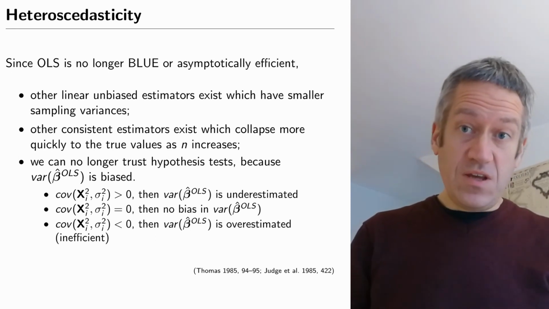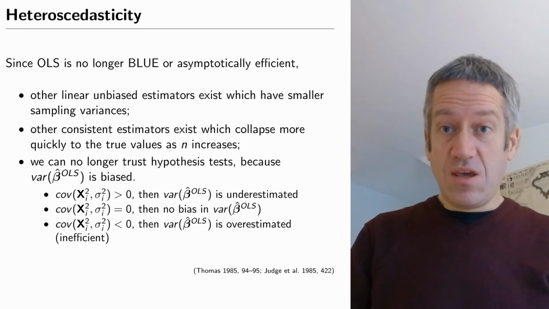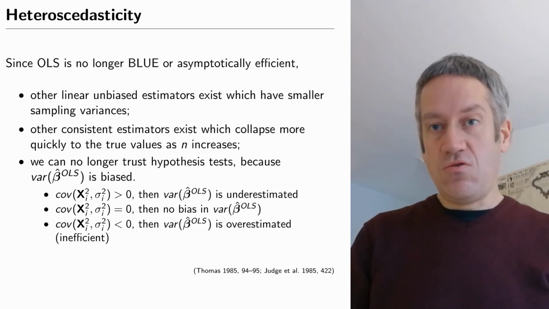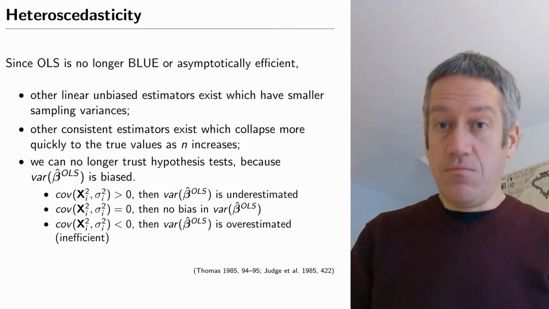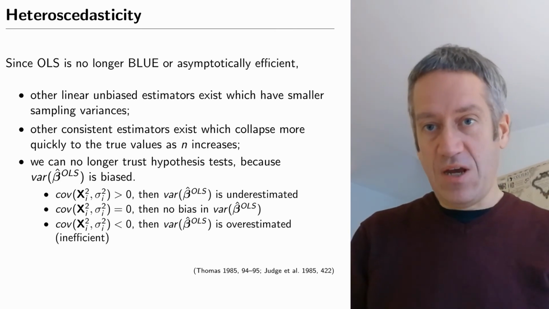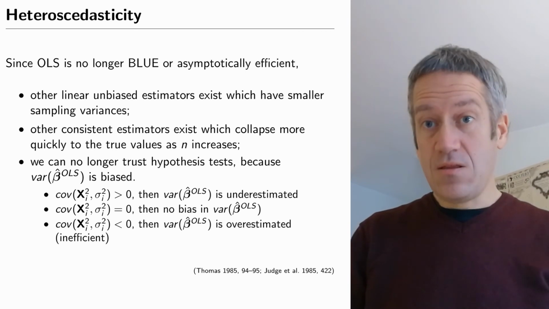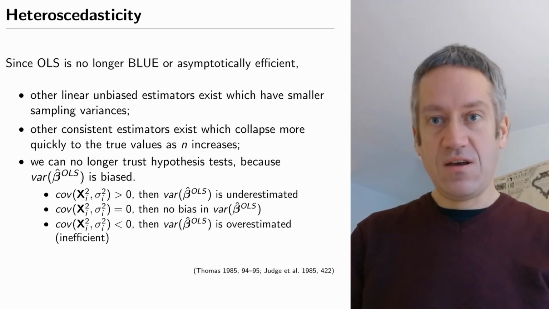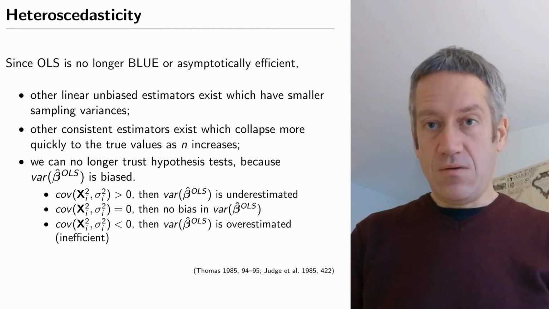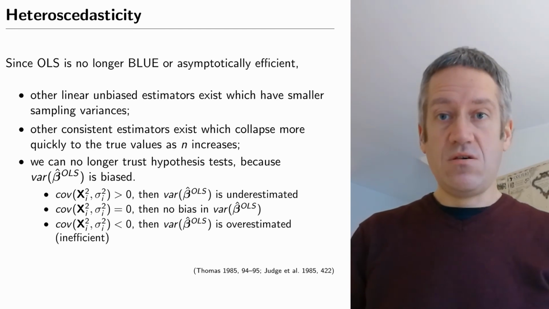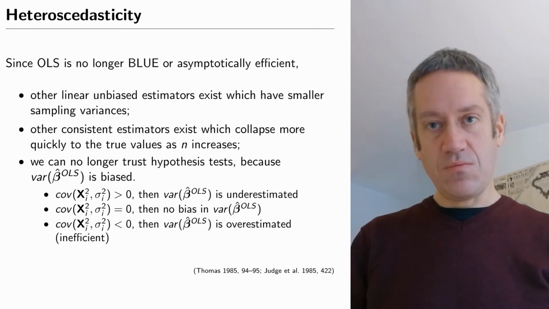And finally, if we do not have an efficient estimator, we also need to put question marks around the standard errors we have. The unbiasedness of the estimates of the beta coefficients remains, so we can trust our estimates for beta, but the estimate for the variance covariance matrix breaks down, and we cannot trust the t-test or the standard errors that we obtain.